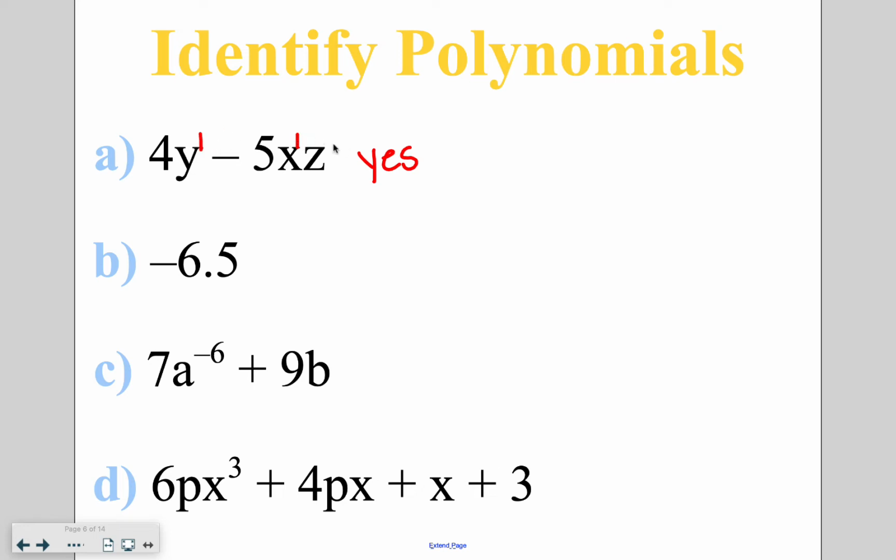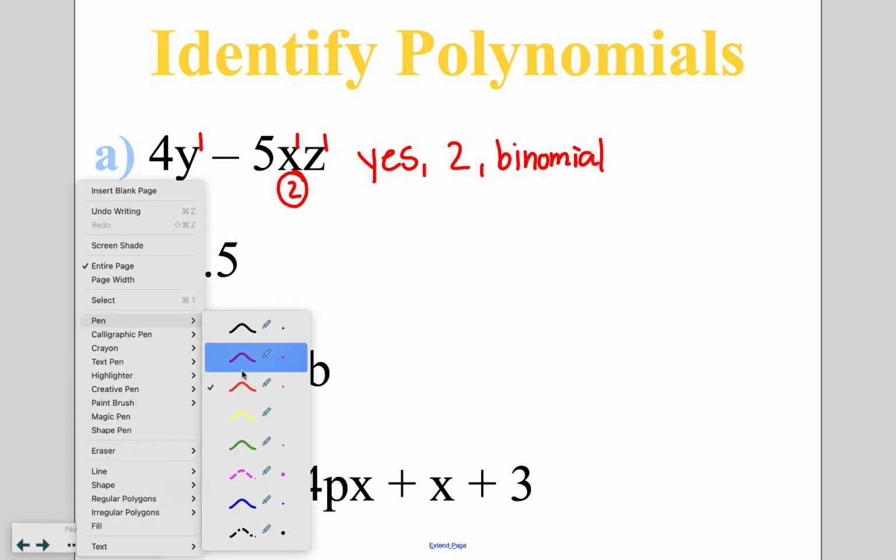In the second term, or the second part of my binomial, I've got 1 and 1, giving me a final degree of 2, because the first degree is 1 and the second degree is 2. So the second is bigger. And then it is a binomial because it is 2 parts.